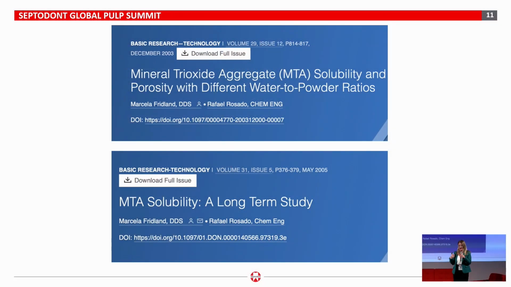What was key, in my opinion, with the MTA, the key problem is that people add as much water as they like. And that is wrong. As soon as you start adding the water, the material becomes soluble, and also, in the long term, the material is ruined. So essentially, who is opening sachets and adding water as much as they like?